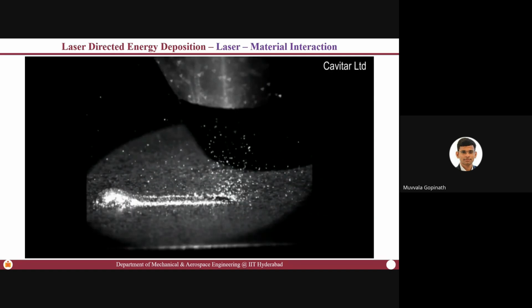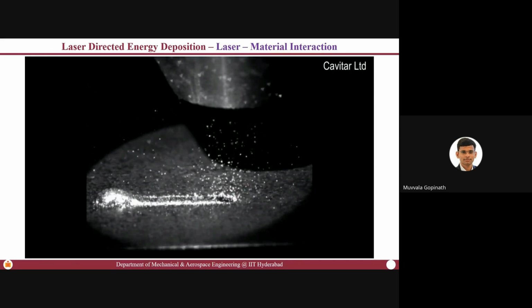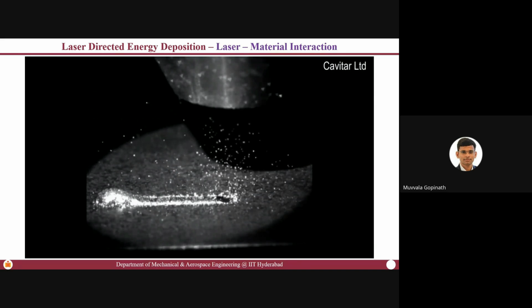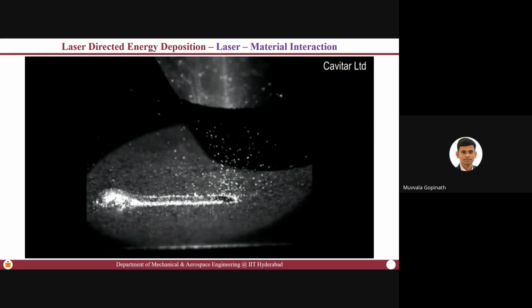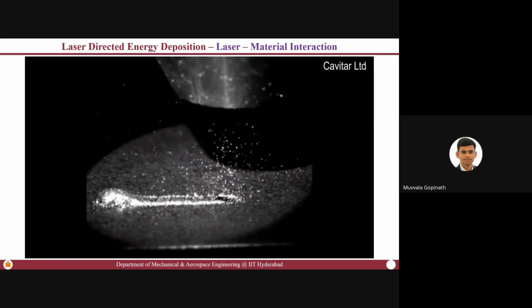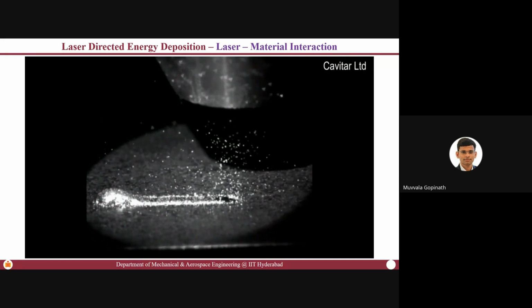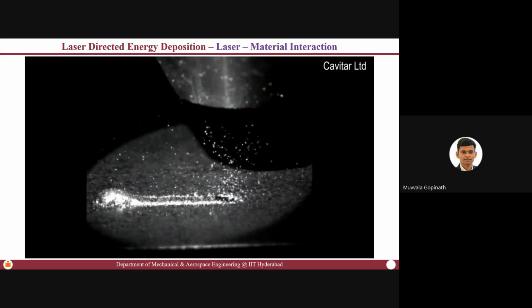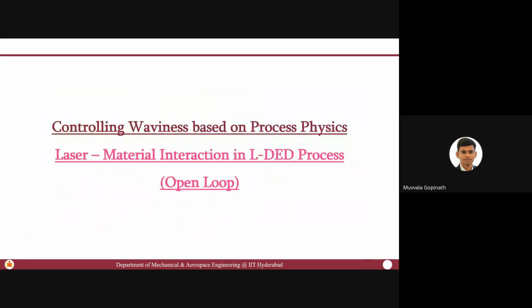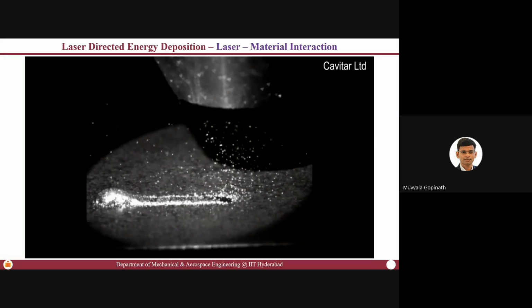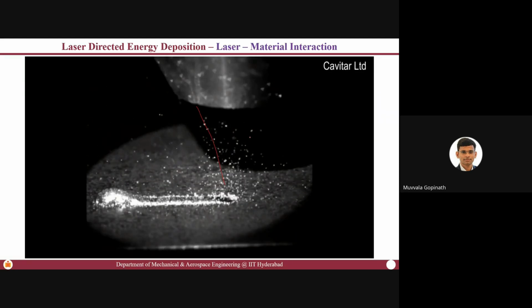Now, whatever we have seen previously is all from regular cameras. What cameras? DSLR cameras, whatever we typically use at homes. But now what you are looking at is a slow speed or high speed monochromatic camera. The most important thing we need to look at in this video is that powder particles are coming in, good.